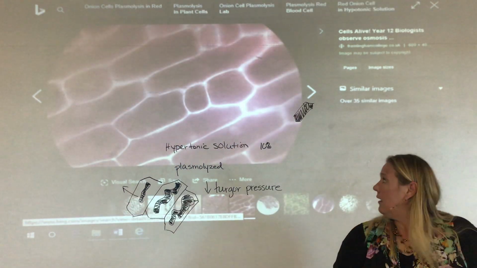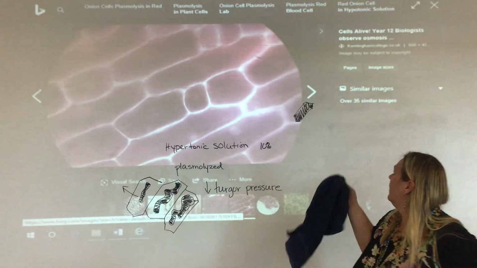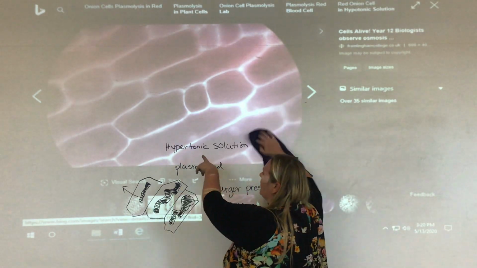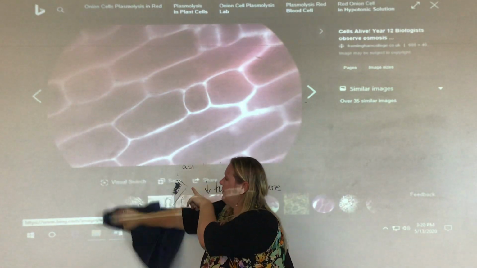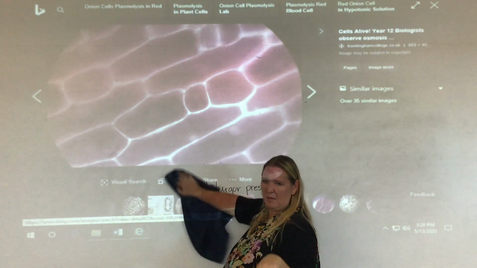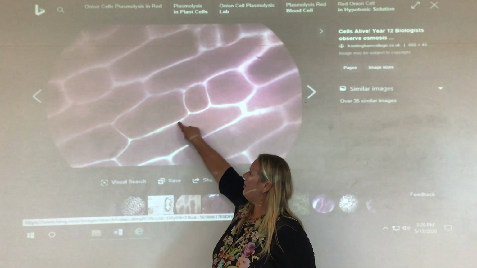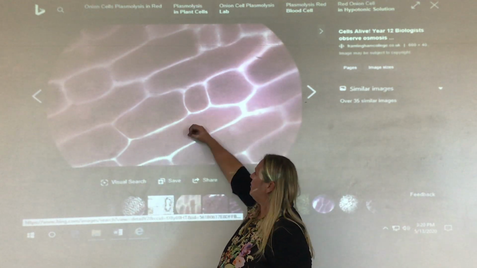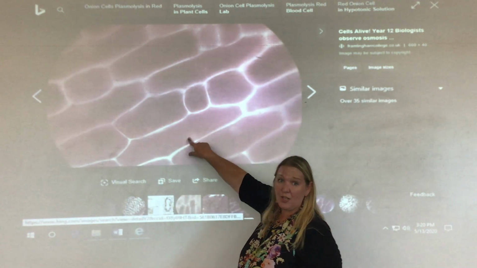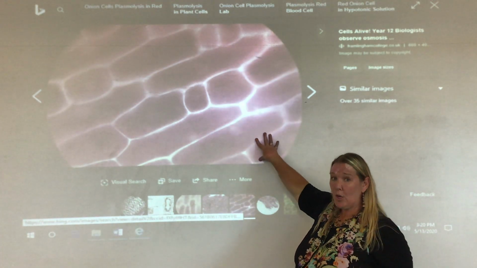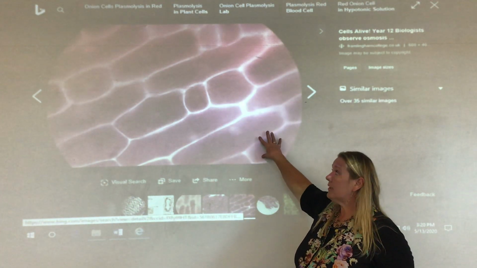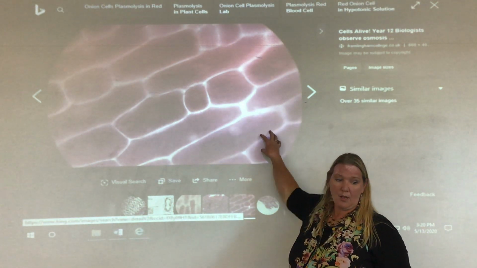Alright, so in the first one, the hypotonic, it worked pretty well for us. We saw those pretty well. There were a few air bubbles on there, but we saw that pigment, that central vacuole, pushed all the way to the edge, filling up the entire cell. So this is a picture of a hypotonic solution environment for this red onion.